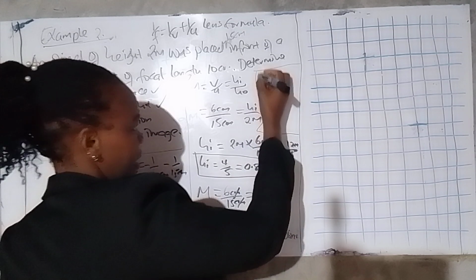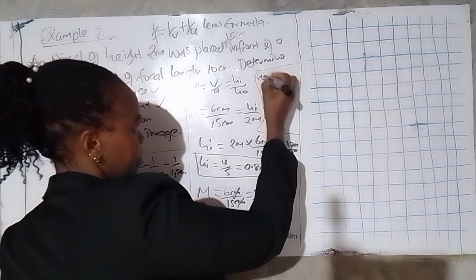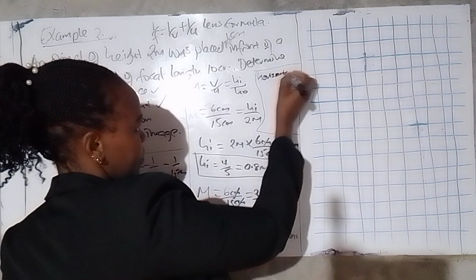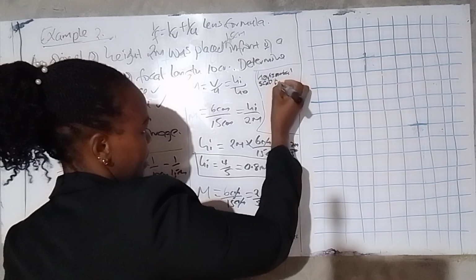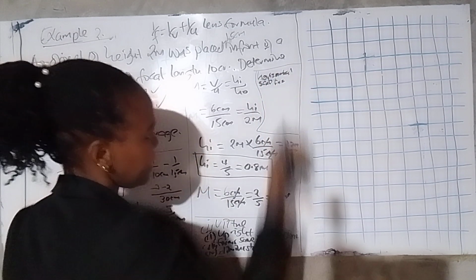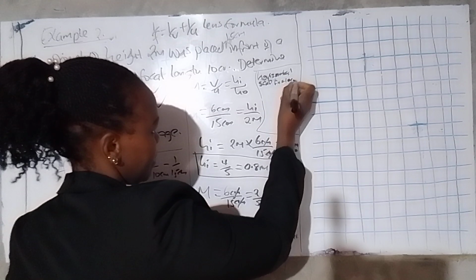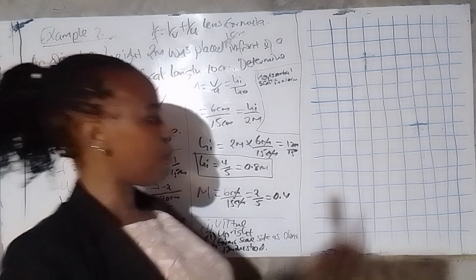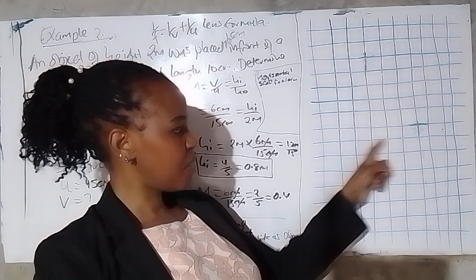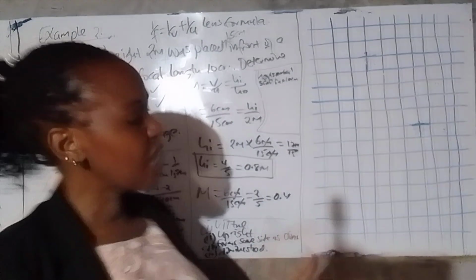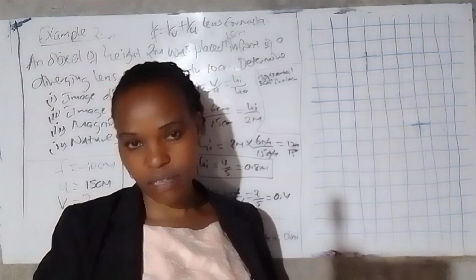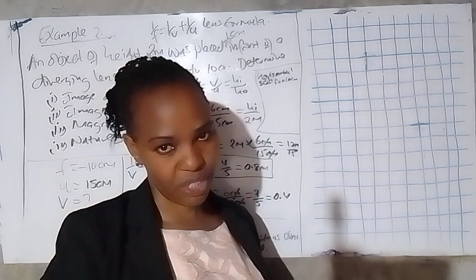So the horizontal scale: 1 centimeter to represent 10 centimeters. So we're going to take one small box from here to here to be our 1 centimeter, to stand for the 10 centimeters of our actual measurement.